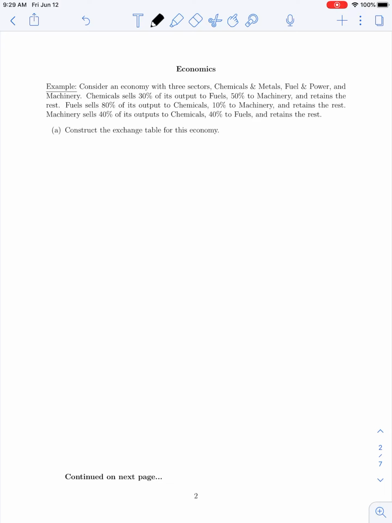So here, our economy has three sectors: chemicals and metals, which I'm going to denote as just C for short; fuel and power, which I will denote as F for short; and machinery, which I will denote as M for short.